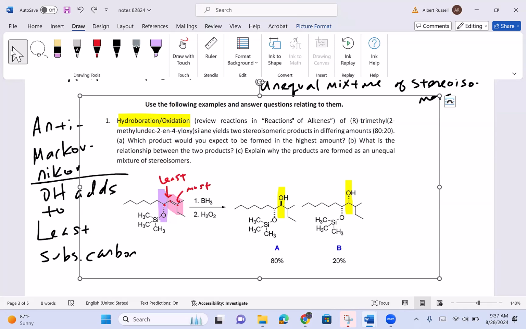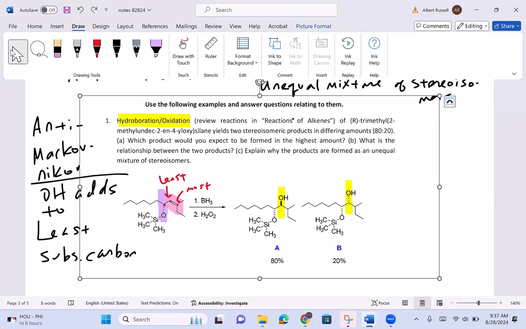All right, great. Let's do the last part, part C first. Why do we get an unequal mixture of stereoisomers? How do we create that scenario? If I want an unequal mixture of stereoisomers, what do I need to react together? Something that's chiral, and then something that's what? Achiral. Do I have a chiral starting material? One of them, right?